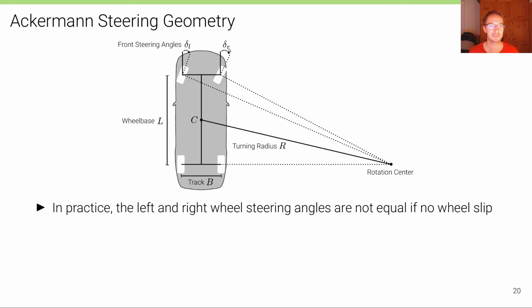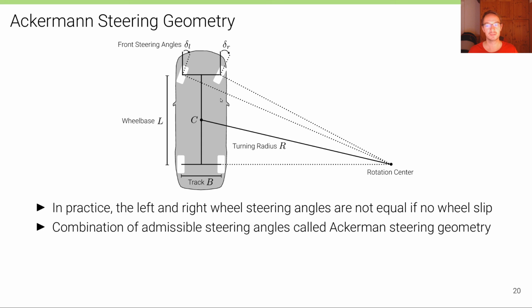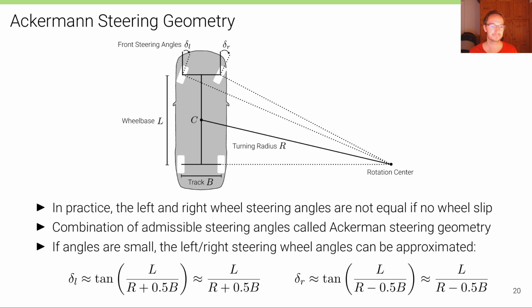So delta L and delta R are different. And the combination of admissible steering angles in this kinematic model is called the Ackermann steering geometry.